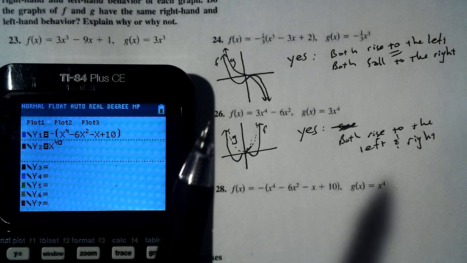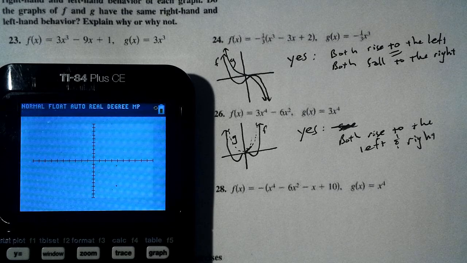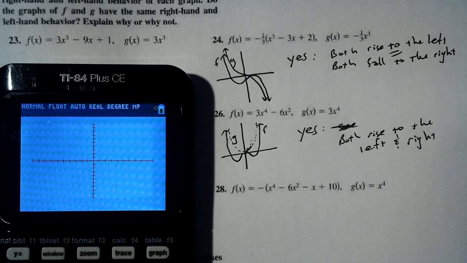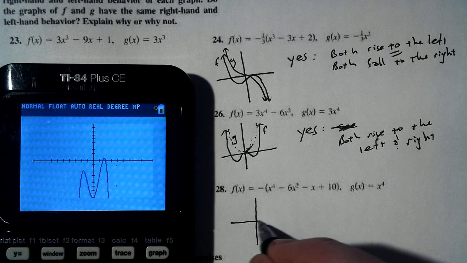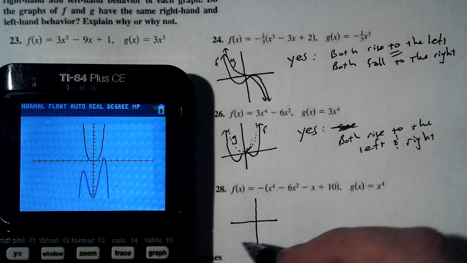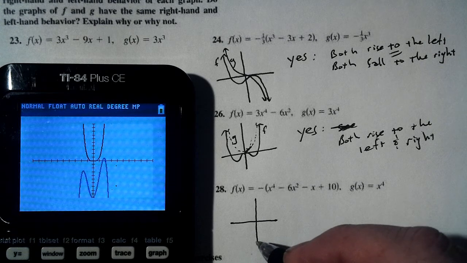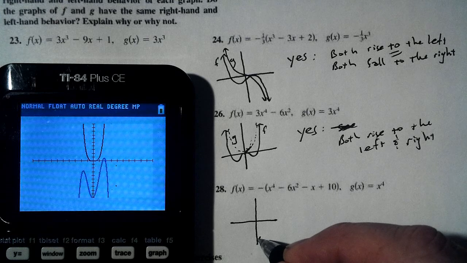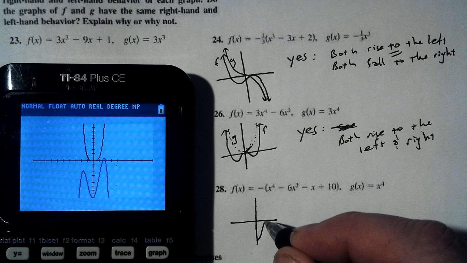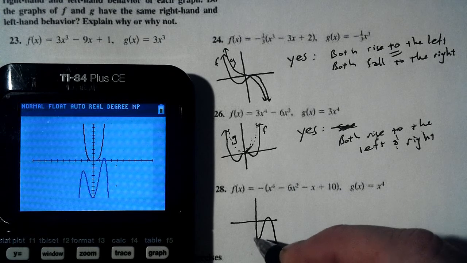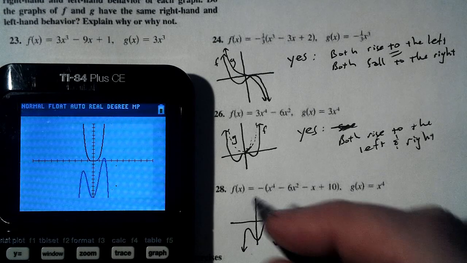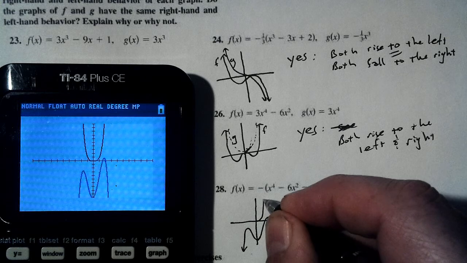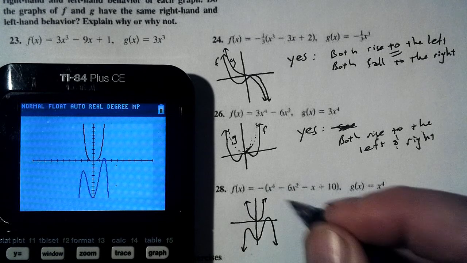We'll try zoom standard again, just graph. Interesting little first function. First function looks like down here it kind of, I want to start here and to the right it goes up, comes over the axis, goes down, comes up, stays under the axis, goes down, and the other graph up and up.